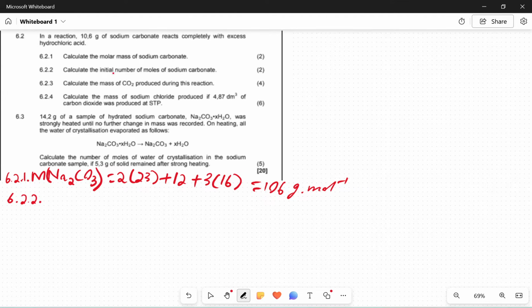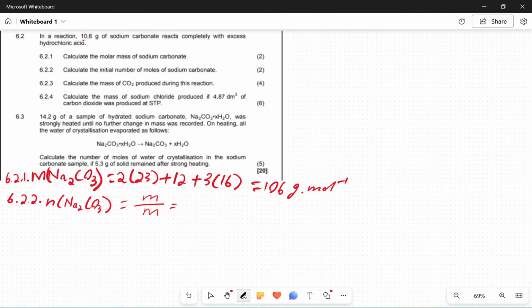They say here calculate the initial number of moles of sodium carbonate. So they are saying find the number of moles of sodium carbonate. How do we do that? Well, we'll say n of sodium carbonate is equal to the mass over molar mass. What is the mass of sodium carbonate?